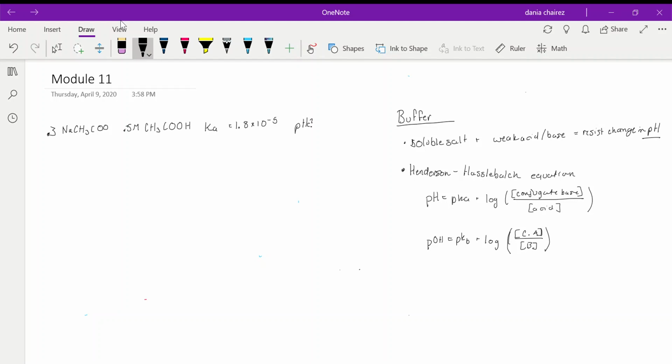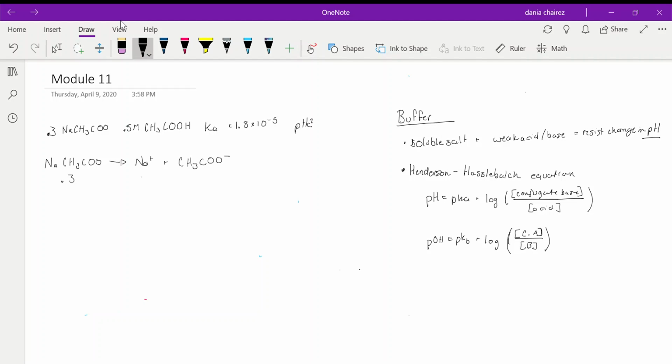So the first thing that we would do, like I said before, this is just to show you guys what I mean by they dissociate completely. So it's an arrow pointing in one direction because it won't go back. And you end up with your sodium ion and your acetate ion.